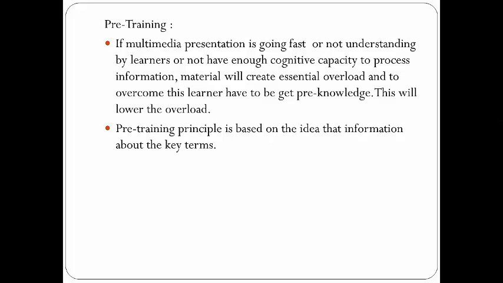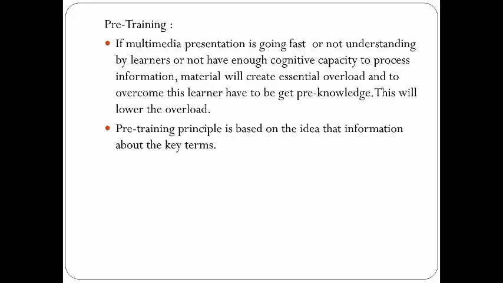If the multimedia presentation is going too fast, like the presenter talking fast and skipping through the presentation quickly, learners may not understand what's going on. They do not have enough cognitive capacity to process the information and material while it goes too fast.